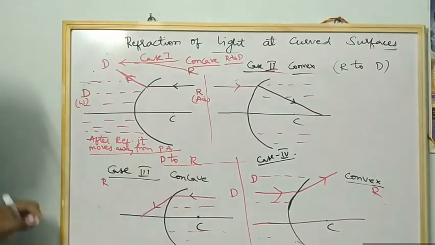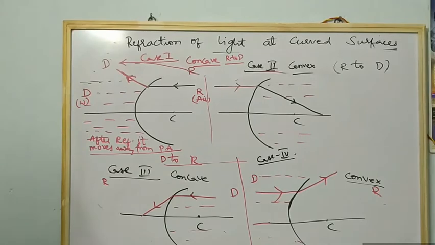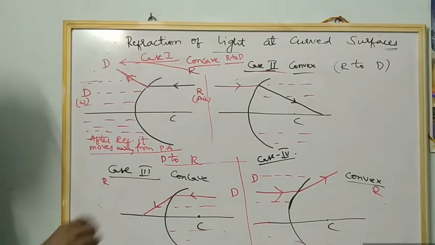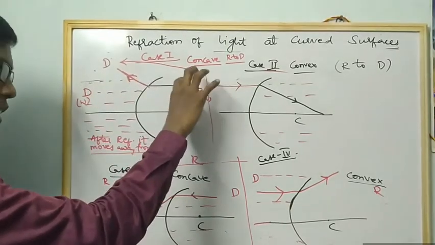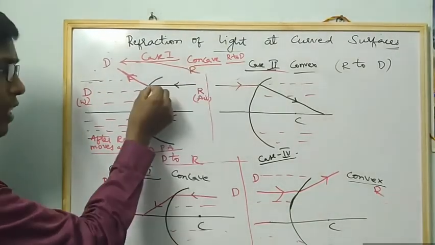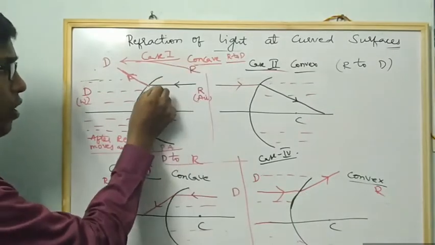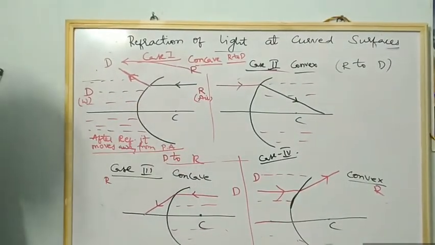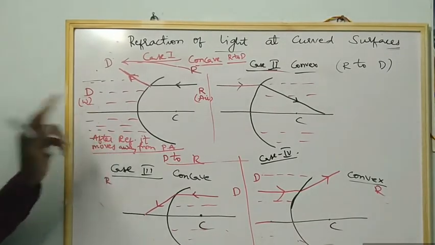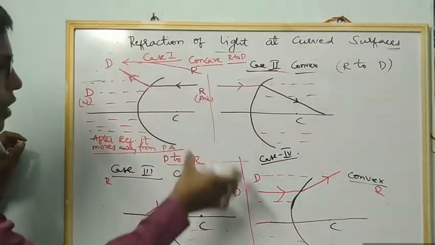Note down, these values are enough if you remember. When a light ray travels from rarer to denser and strikes parallel to the principal axis on the concave surface, after refraction it moves away from the principal axis. Understand? Now concave is completed.